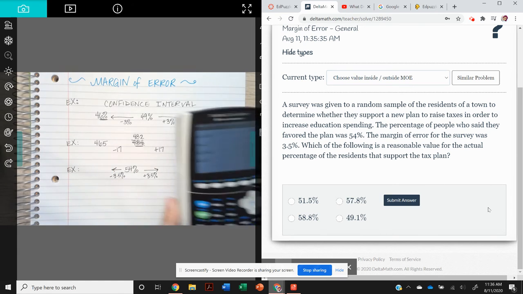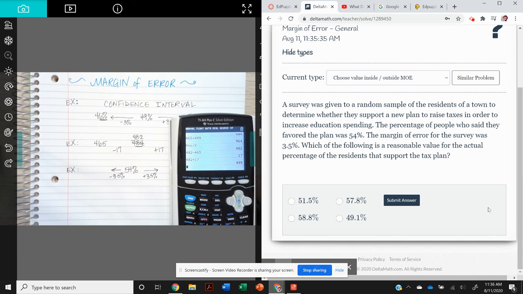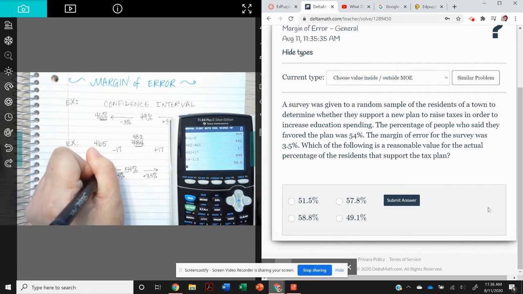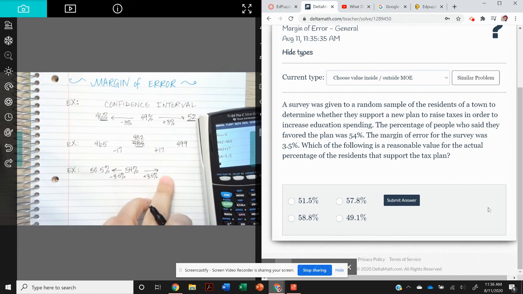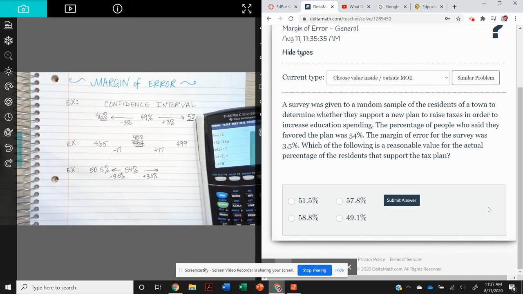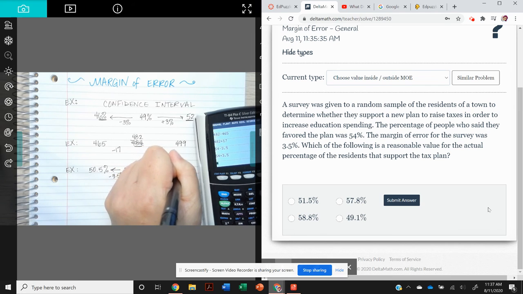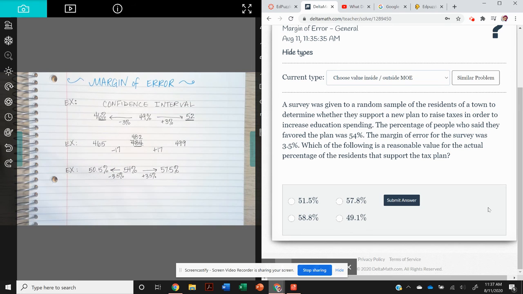So 54 minus 3.5 gives me 50.5%. Now I'm going to add 54 plus 3.5. So I got 57.5%. And I've got these answer choices.